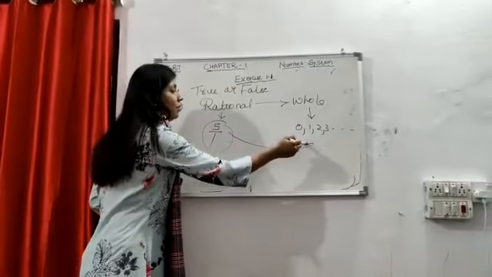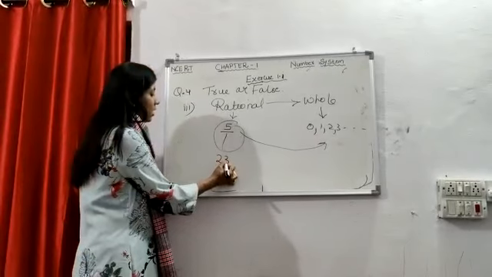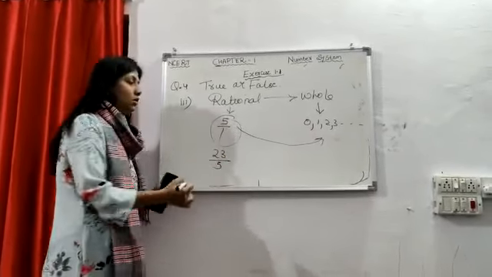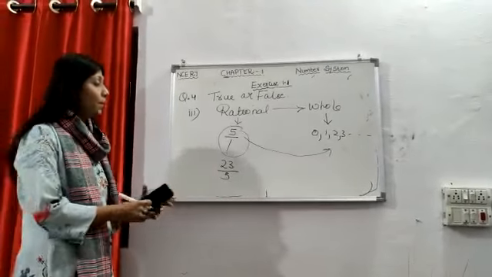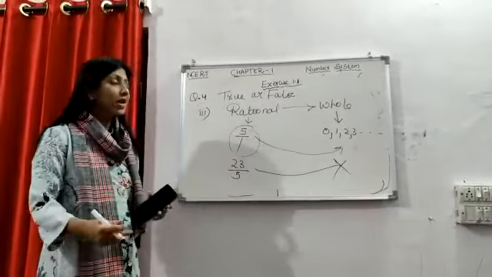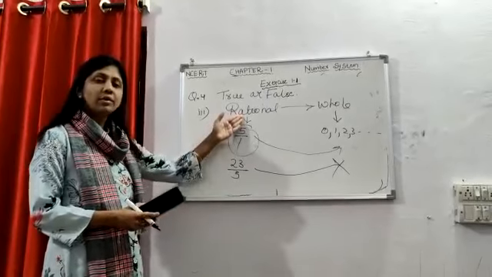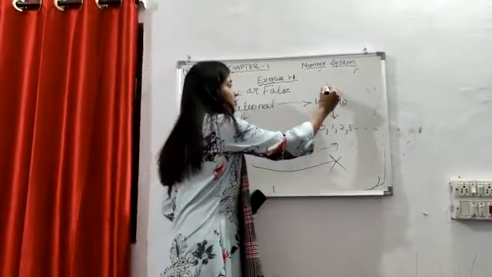But if I say 23 upon 5, this is a rational number, it can be written in p by q form, but it does not belong to the whole number family. So every rational number is not a whole number. So the last statement is false.